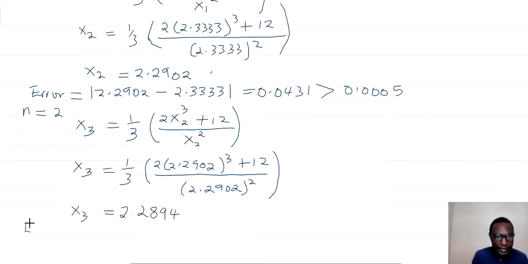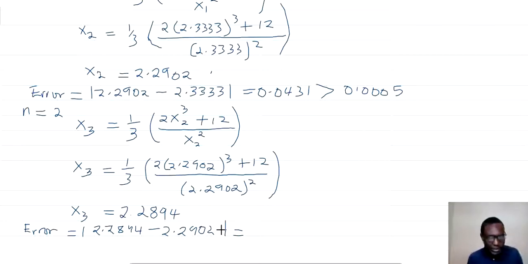Then we go ahead and get the error, which is the magnitude of x3 minus x2, 2.2894 minus 2.2902. So when you subtract there, we shall get 0.0008. Still, this is greater than the maximum possible error, which is 0.0005, meaning we should continue.